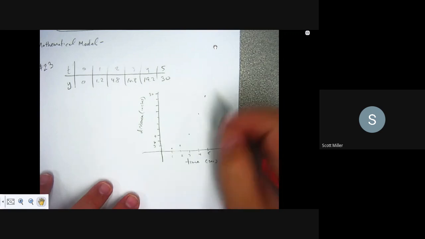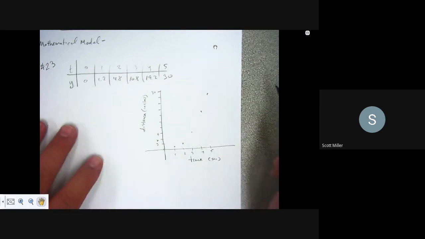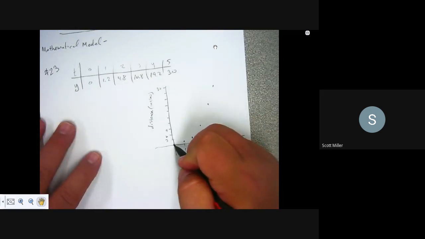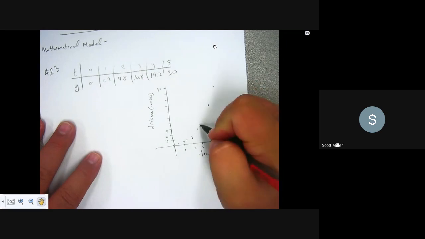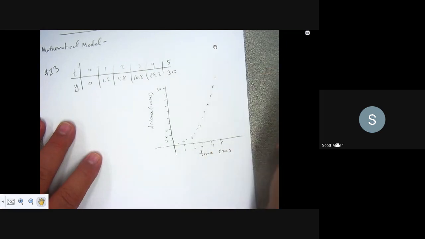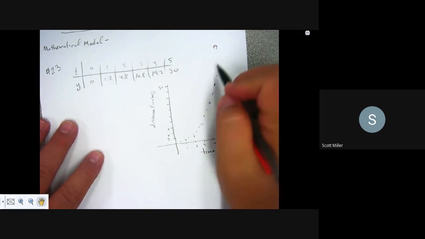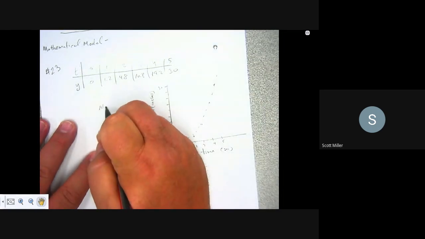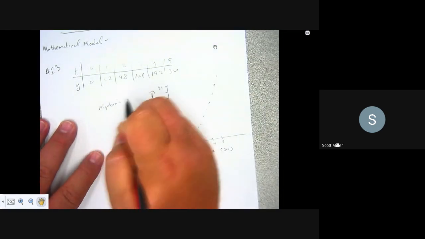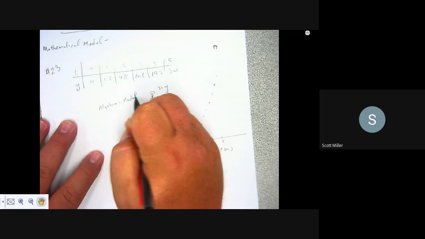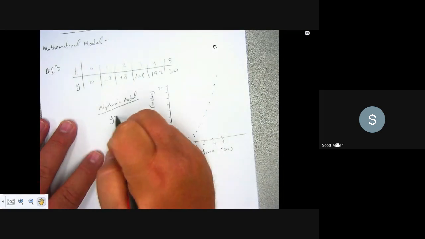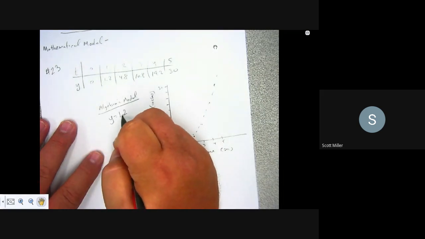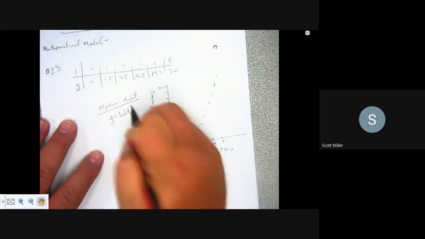But in this particular case, we can do a curve fitting on this thing. And if we did, what you would get is a curve that goes through here, kind of like that, and fits it nicely, and it would be the equation. So my algebraic model, and we can find this on the calculator, would be 1.2 times t squared.